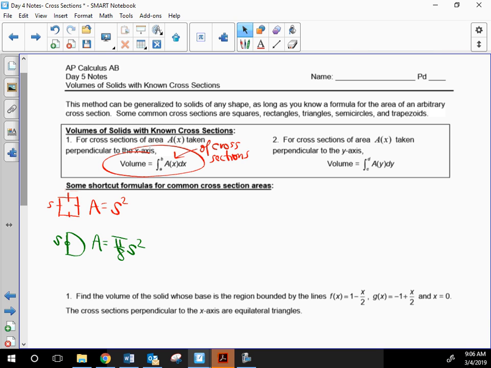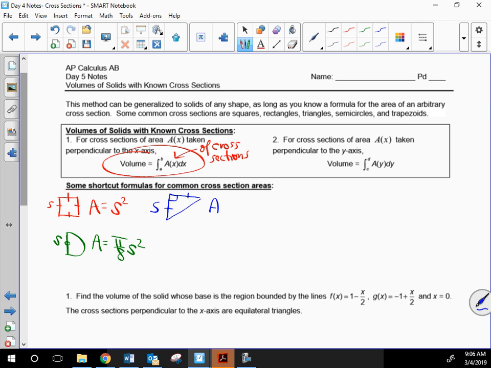We had, I think next was our isosceles right triangle. And this is the one where our leg is sitting on the region. Okay, so this is just half of our square. So this is 1/2 side squared. And I'm going to go ahead and draw underneath it just so you know that it's different.